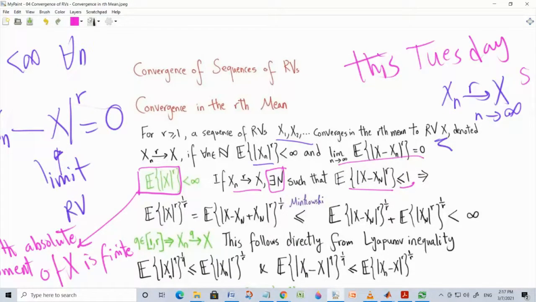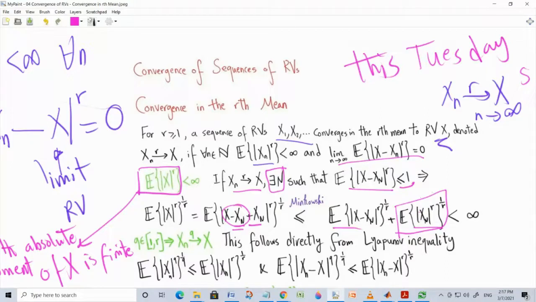Now, take the expectation of magnitude X to the r, to the power 1 over r, add and subtract Xn, apply Minkowski, and you can split this into 2 expectations, one with X minus Xn and the other with Xn.